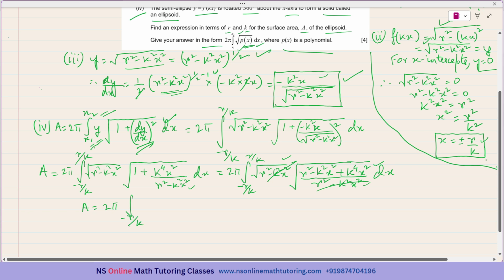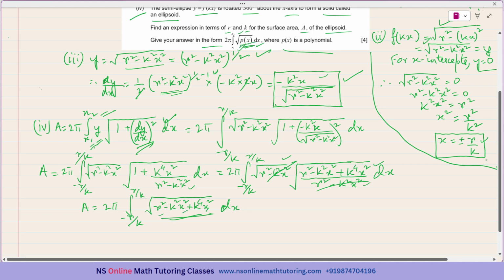minus r over k to r over k and square root of r square minus k square x square plus k to the power of 4x square dx. Okay. And this is the polynomial. See, it is x square, and this is a constant term.